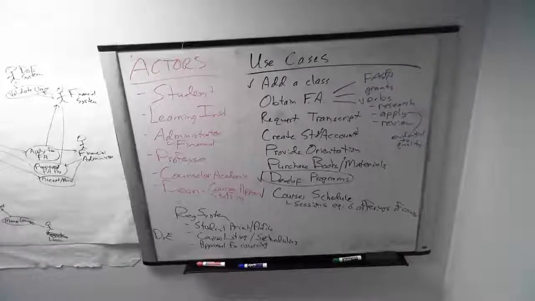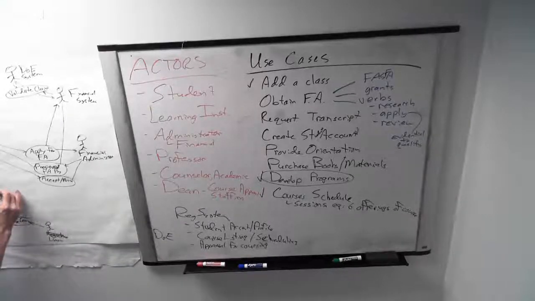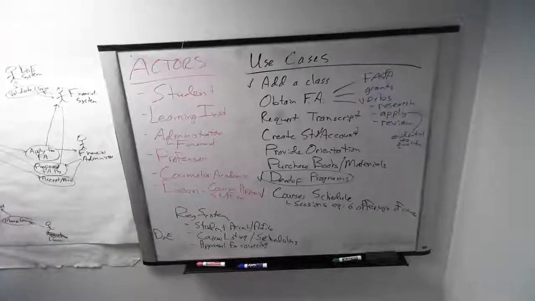Right, so that means now there's a course listing in the registration system, so now the student can go through and do this add class. So create profile. Do we want to stick with add class?